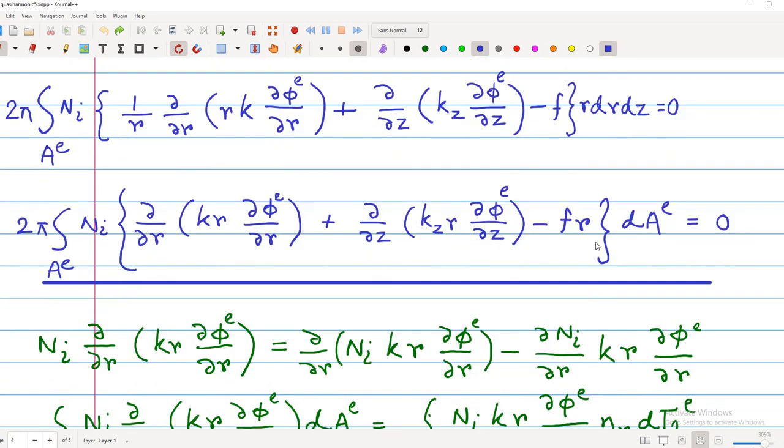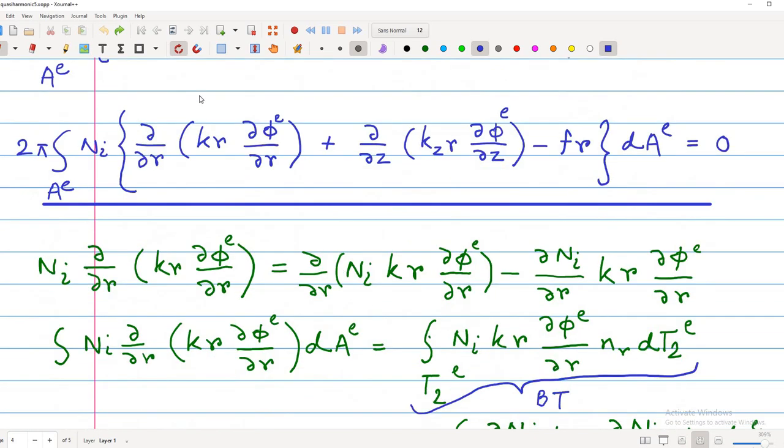So this is what you get, and dr dz, as we have told, is dA. So that means this becomes similar to what we got in 2 dimension, only kx has been replaced by kr and ky has been replaced by kz into r, and f has been replaced by fr.